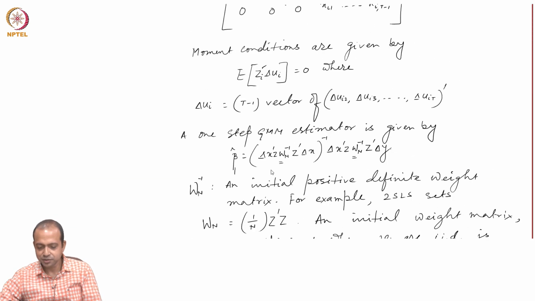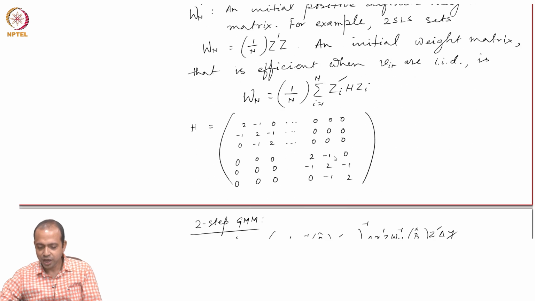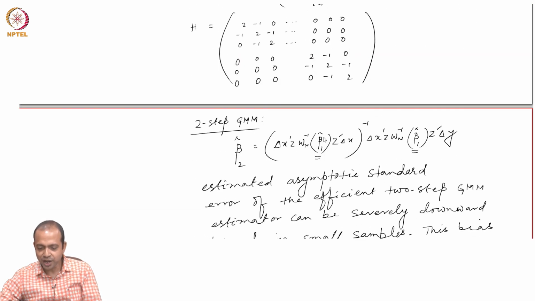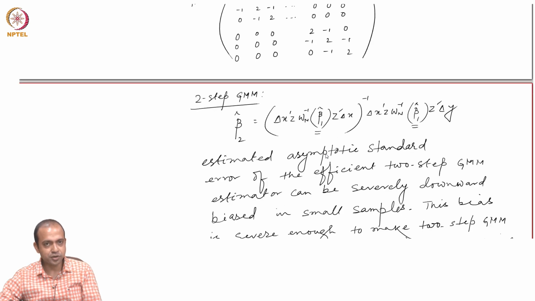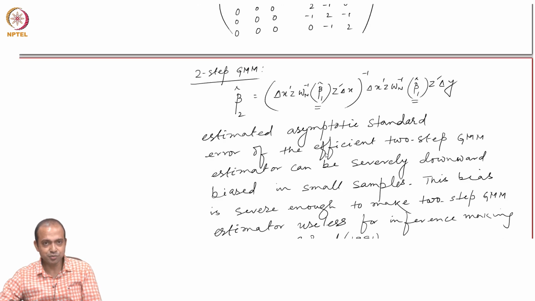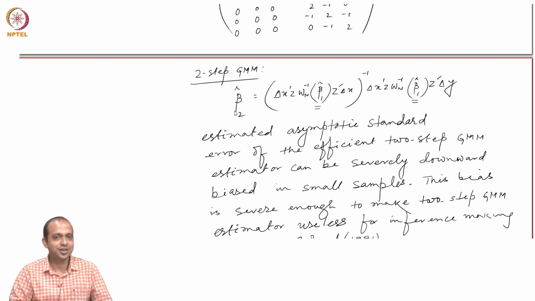One step is this, and in two step we are using the beta 1 hat estimated in the first step, and then we are using it here. So, just because beta 1 hat is used here, this is making the two-step GMM estimator more consistent than the first step, but the cost is in terms of the downward bias that we are getting in the asymptotic standard error of beta 2 hat, which should be corrected by the Windmeijer correction. Okay.